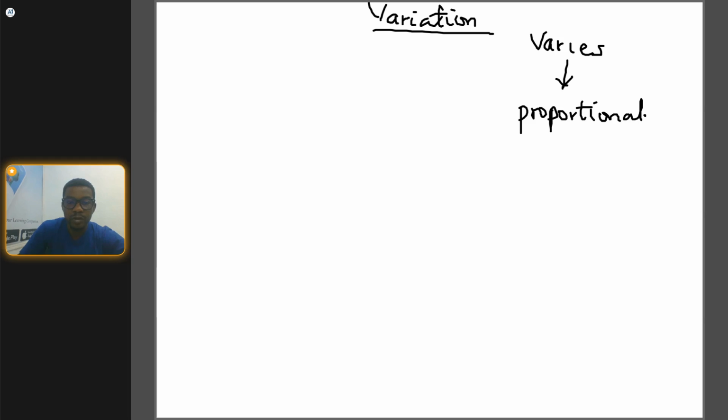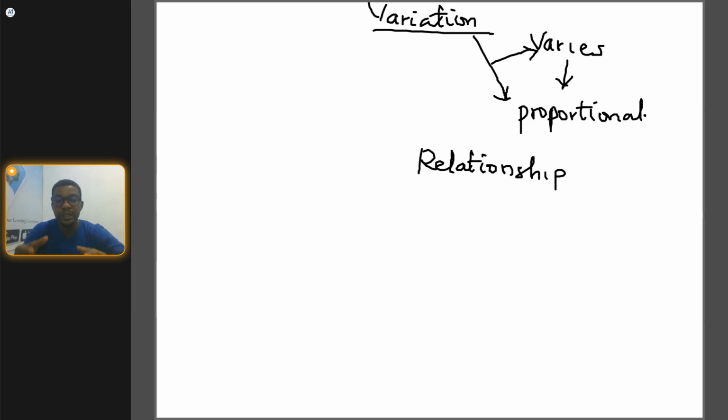So when you hear the word variation or proportion or proportional, or the word varies, what we are trying to depict is relationship between quantities. If I have two quantities, I can actually work on their relationship.